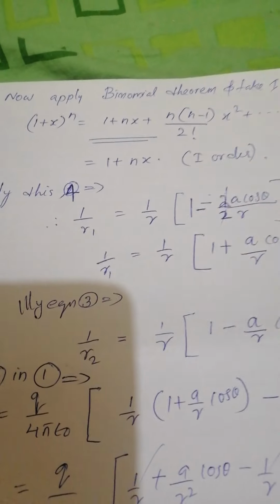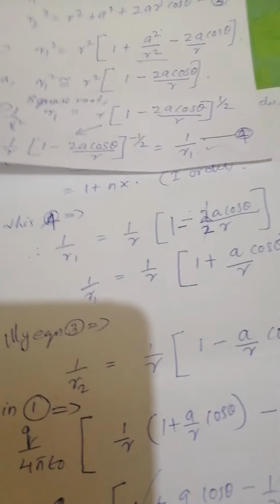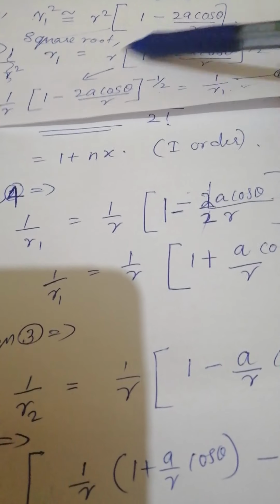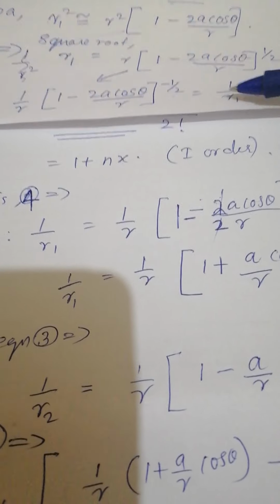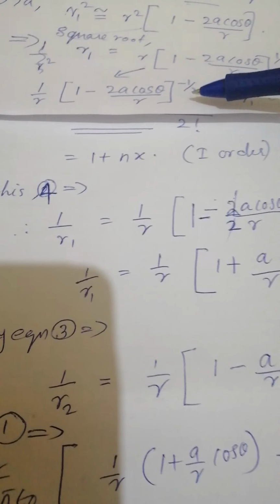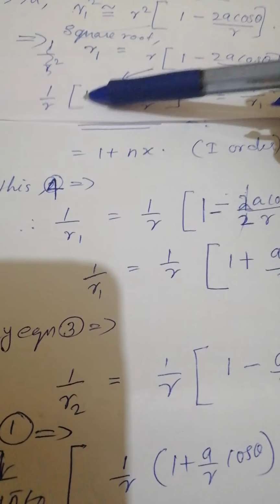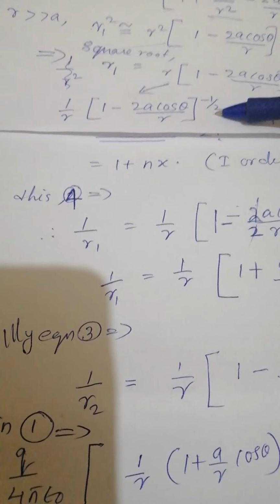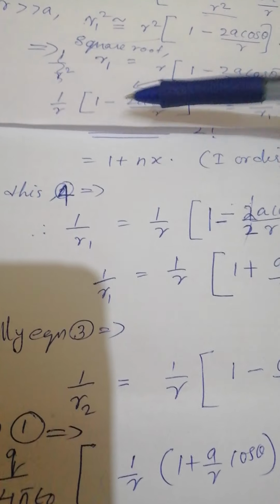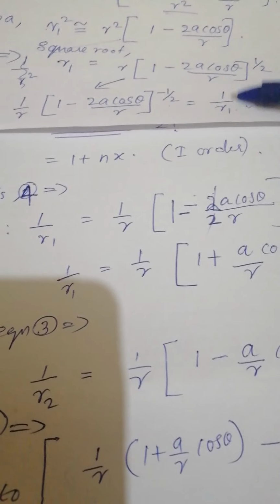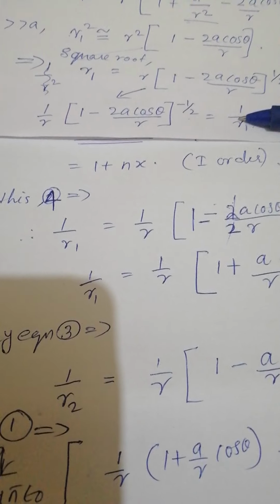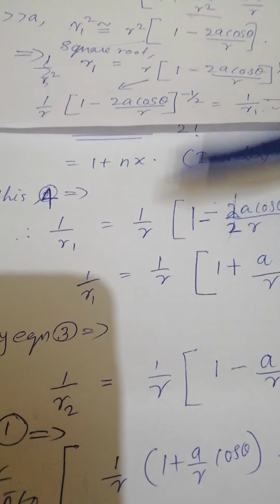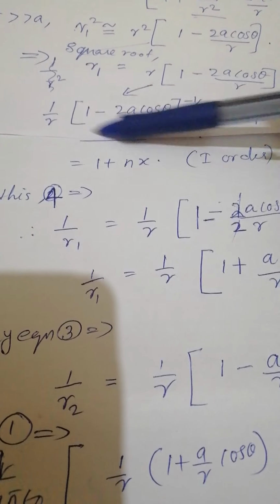See, equation 4 we got like this, that is 1 by R, 1 minus 2A cos theta divided by R raised to minus half is equal to 1 by R1. Now see this term, it's like 1 plus x whole raised to n, isn't it? So this equation will change like this: 1 by r1, that is this term we have written on the left hand side, and this term 1 by r is there, and now we are applying the binomial theorem here.